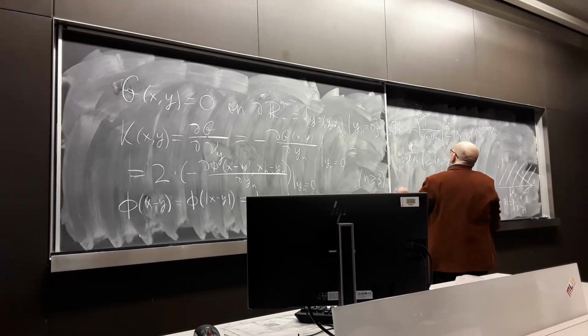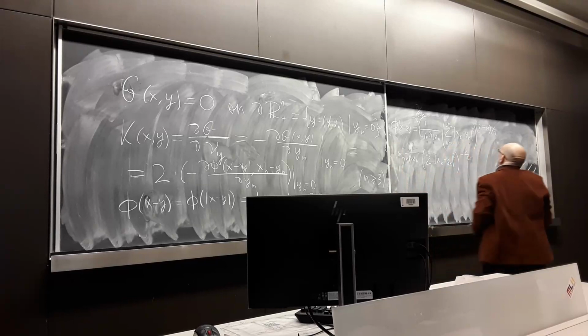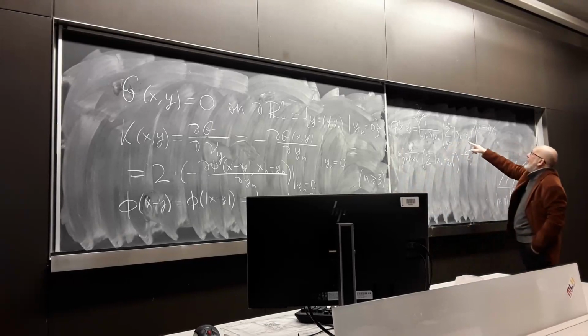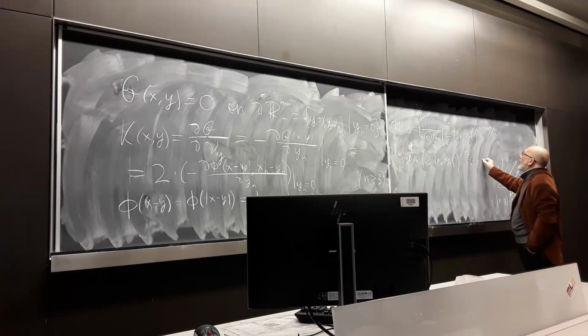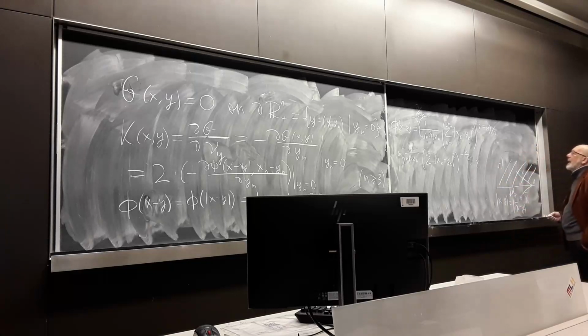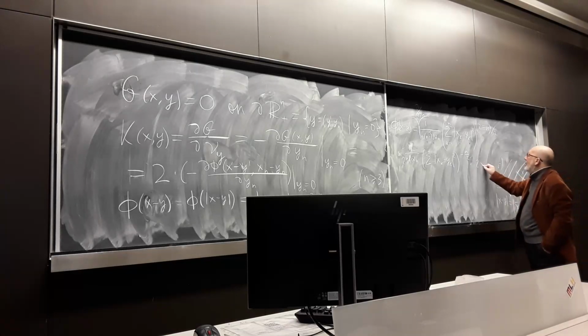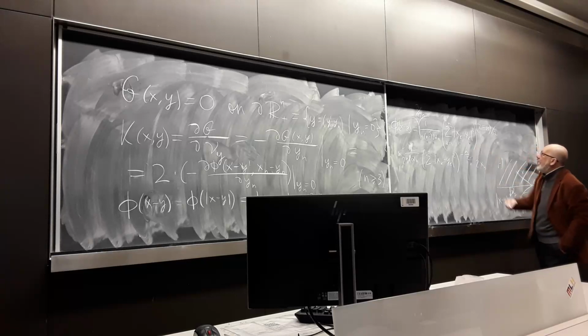Yes, now I differentiated already. Times x minus y, 2 x_n, because y_n is 0.